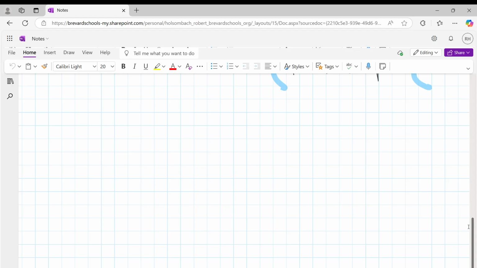All right, on page 492 today, down there at the bottom, corollary 7.1. Proportional parts of parallel lines.